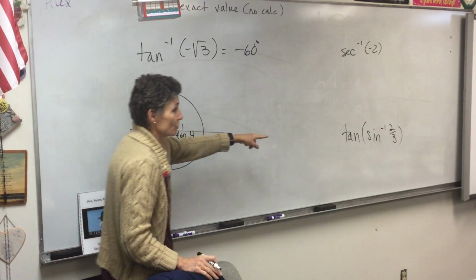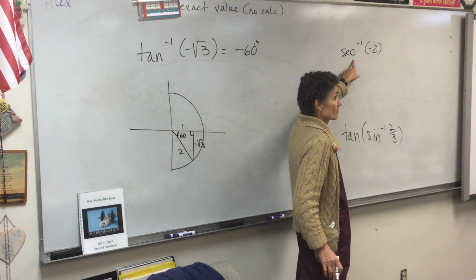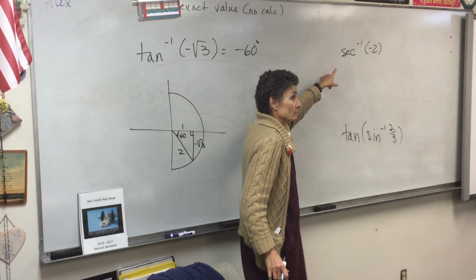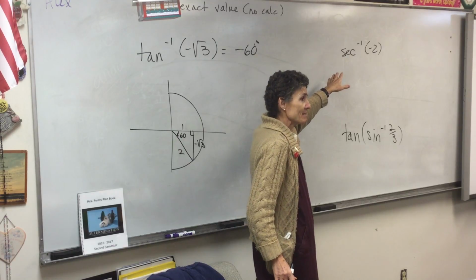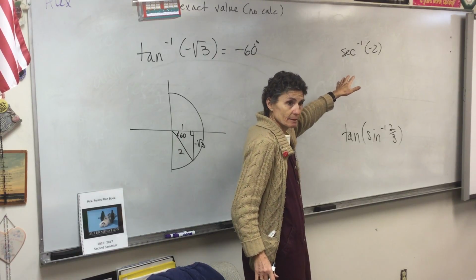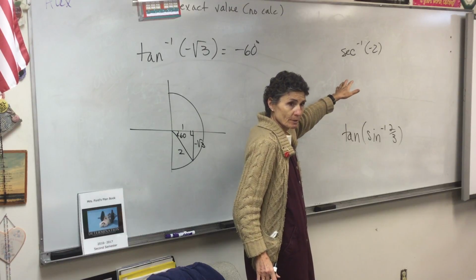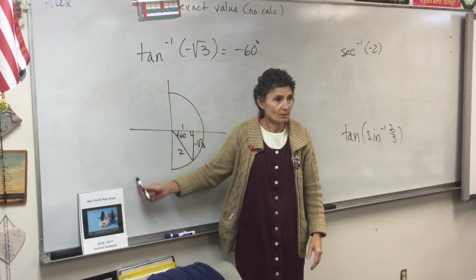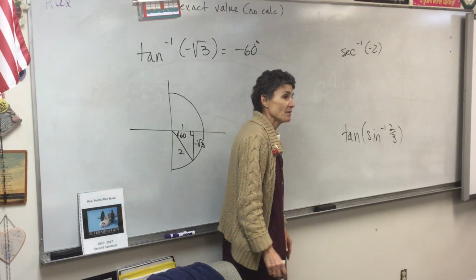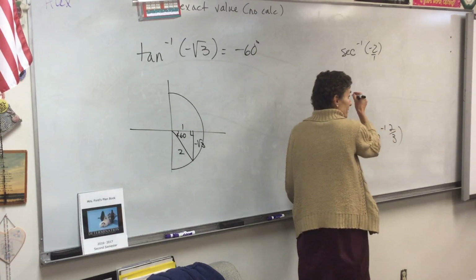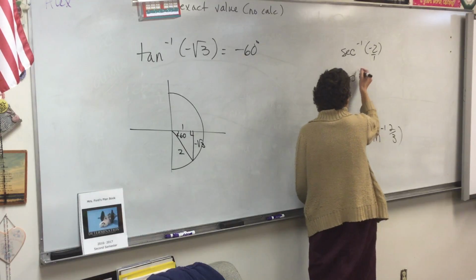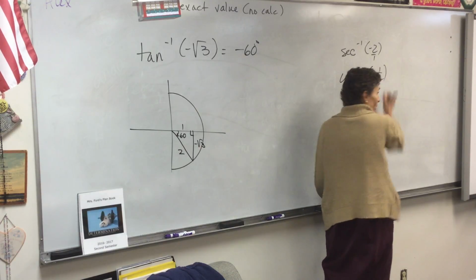One more before we do the doozy. Here we go. Now what does that say? Find the angle whose secant is -2. Okay, did I give you any rules for secant over here? No. So stop and think about it. If the secant is -2/1, then the cosine must be -1/2.